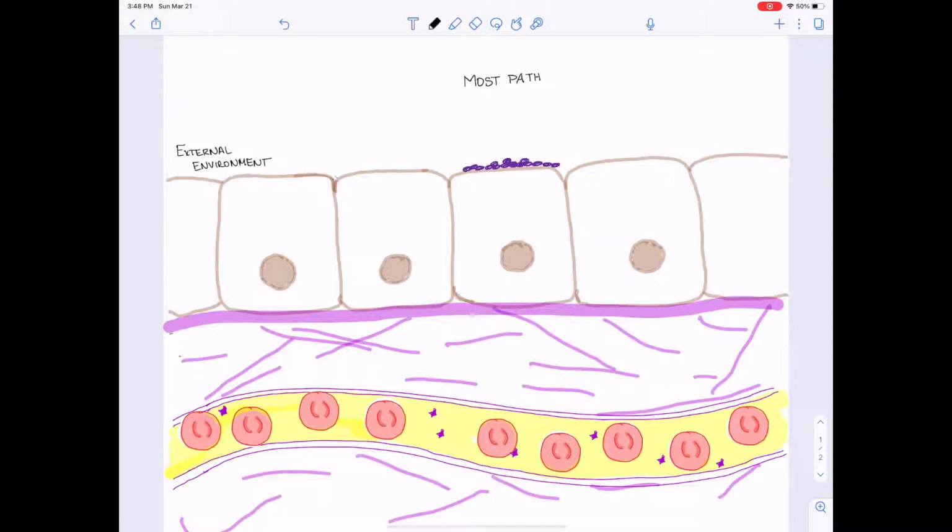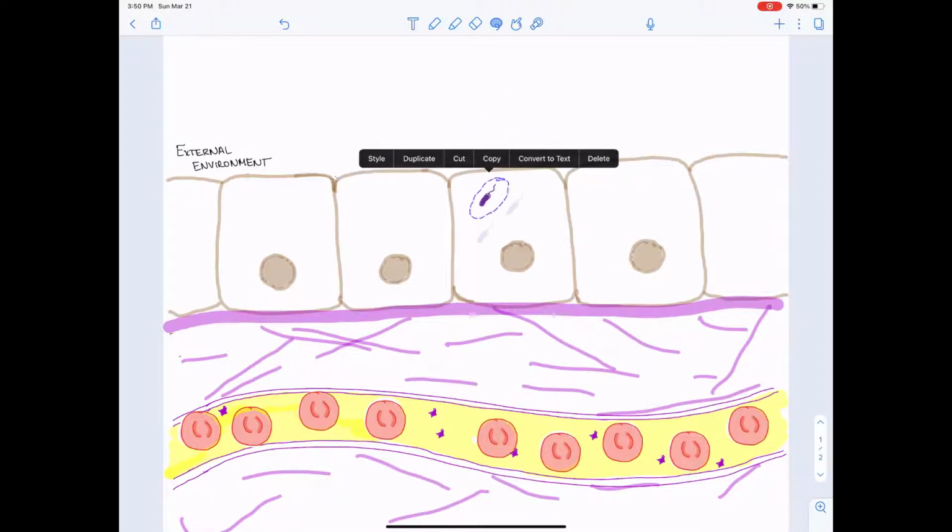Most bacteria stick to the outside of our cells somehow. And when they stay in the extracellular environment or the external environment, we call them colonizers. So most bacterial species that are pathogens are colonizers. But it turns out that that's not the only way that bacteria can get into our bodies. Some bacteria are capable of actually penetrating our cells and getting inside of our cells.